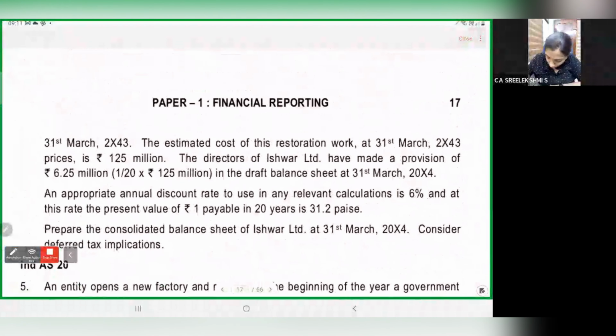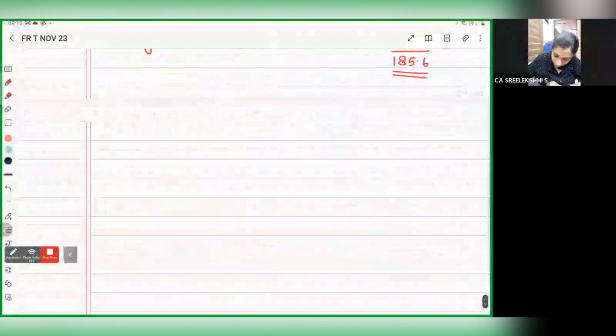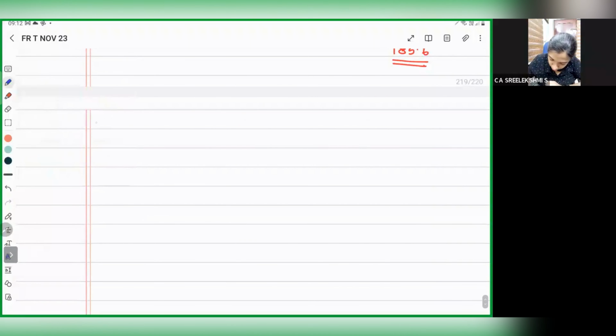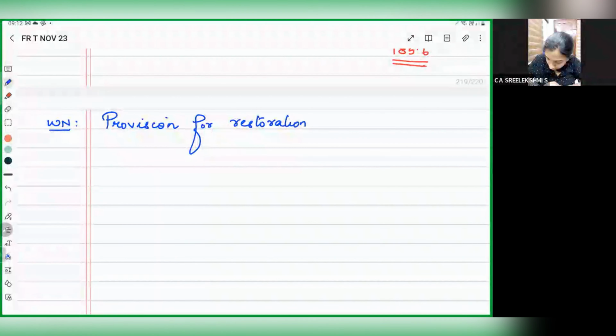അതായത് provision, നോട്ടിൽ എഴുതിക്കോ, provision for restoration required.